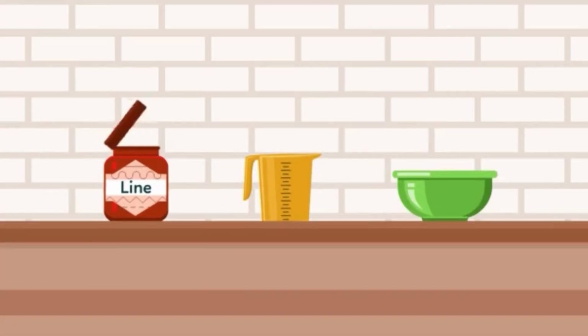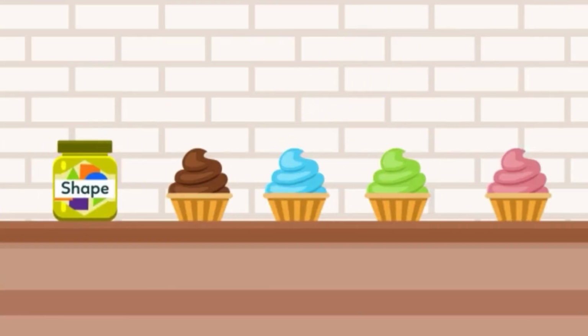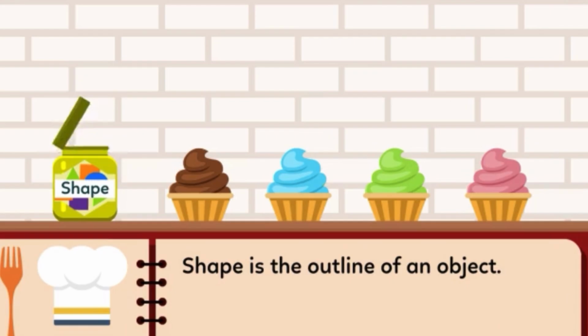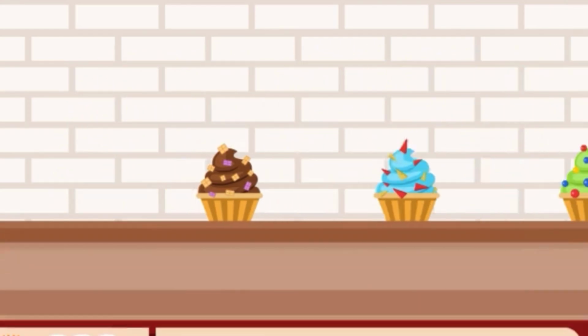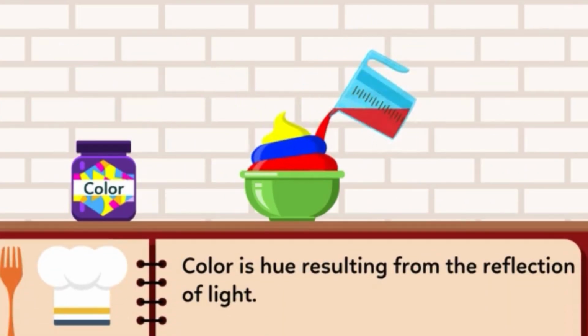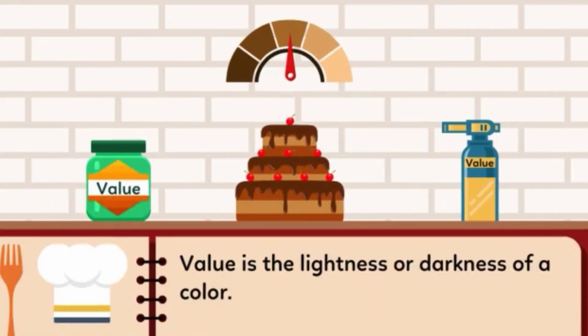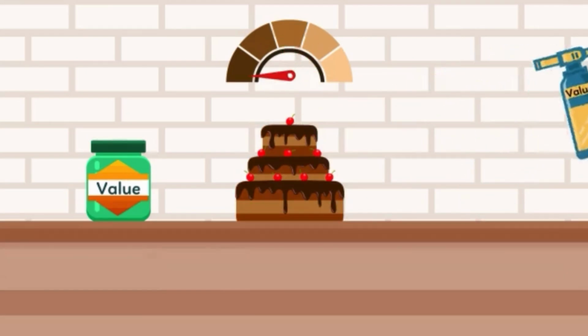When creating artwork, you can add in wavy, straight, curved, or any type of line you wish. Give a dash of shape to your recipe with squares, triangles, or even circles. Swirl in color, like yellow, blue, or red. Bring in value to your creation by adding lightness or darkness.